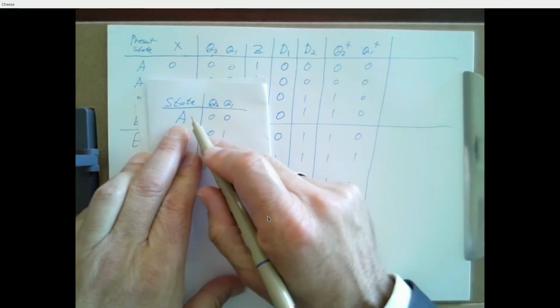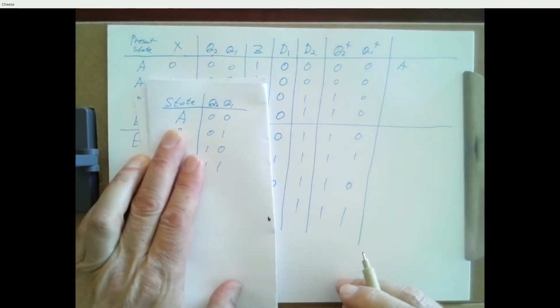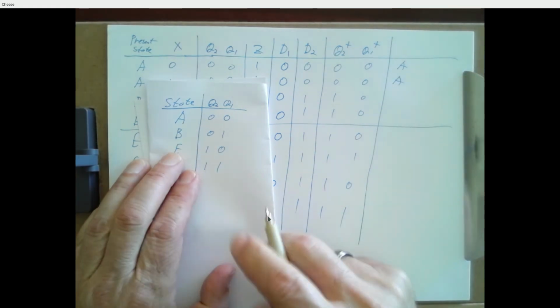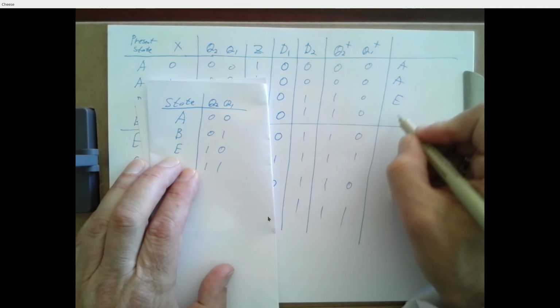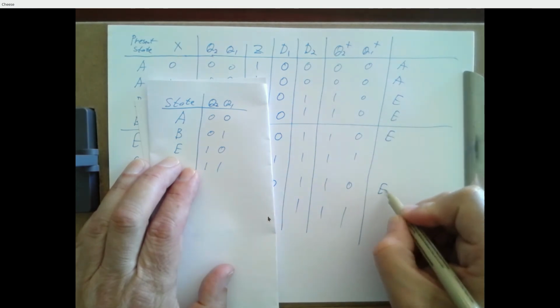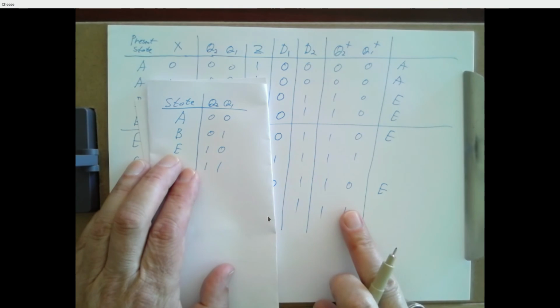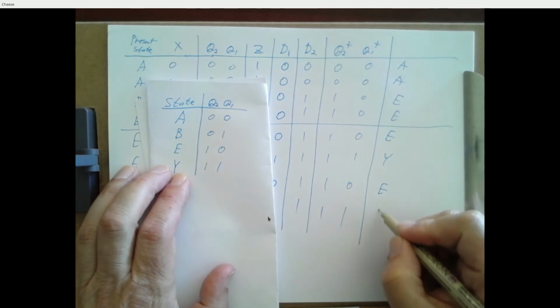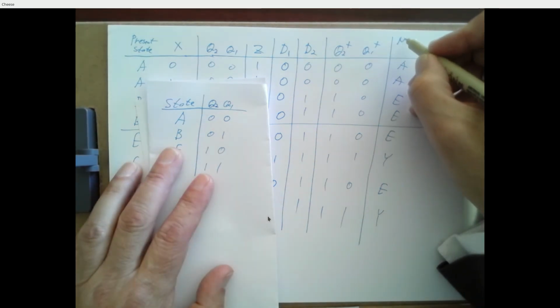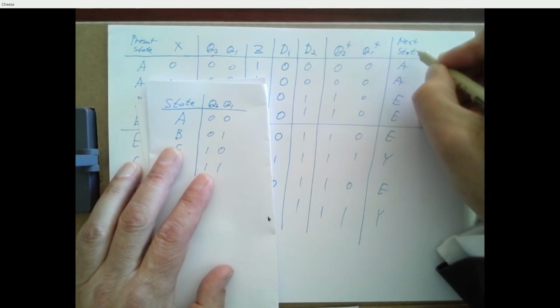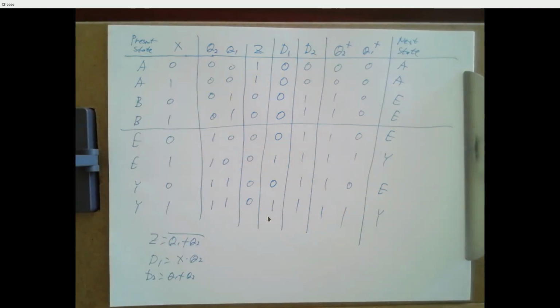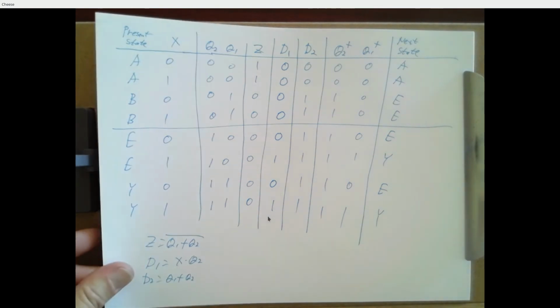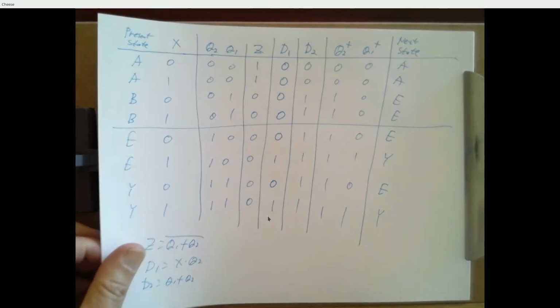Q2, Q1 is 0, we're in state A. Q2, Q1 is 1, 0, that's state E. And here I'm going through and finding all my 1, 0s, calling them E. And then 1, 1, that's state Y. So this is our next state. And now we're good to go ahead and make our transition diagram.